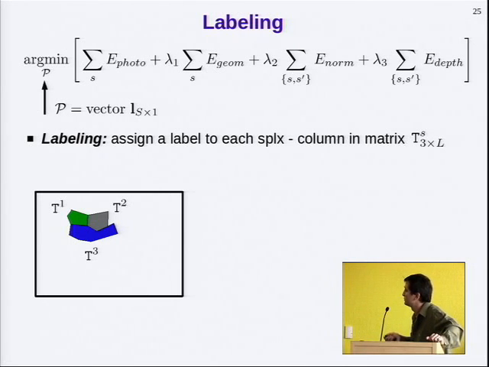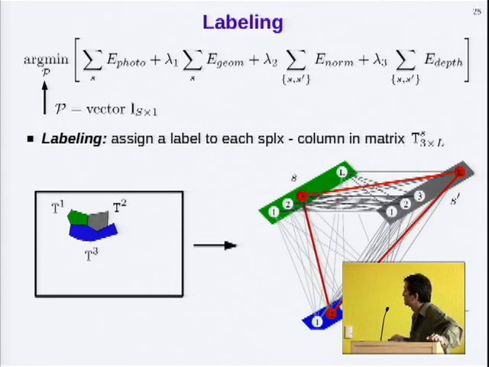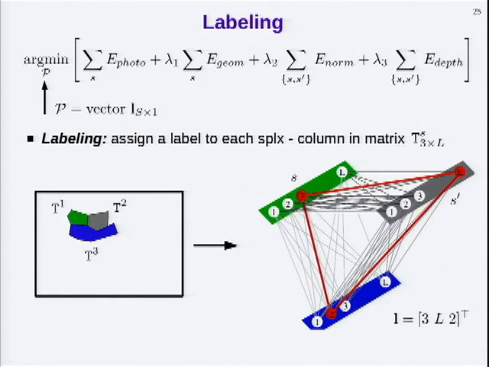I have 3 superpixels here, and I have pre-computed 3 matrices, T1, T2, and T3, which now have 9 columns. We construct a graph from the superpixels, and the graph will have as many objects as there are superpixels. So we have 3 objects here.